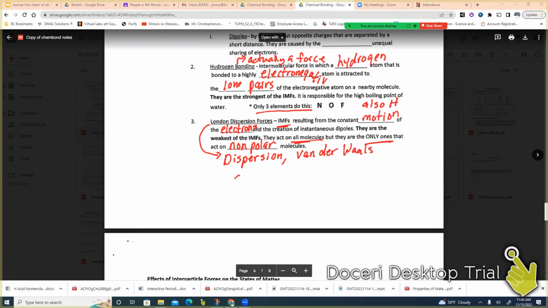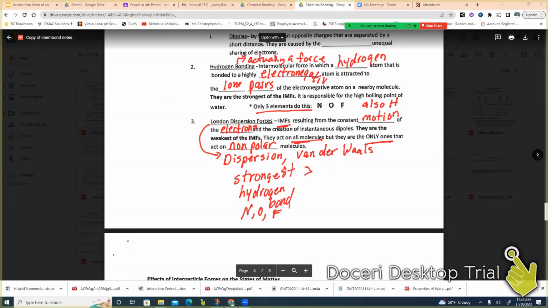So if we just kind of summarize those three, the strongest is going to be the hydrogen bond. And we said on that one, nitrogen, oxygen, fluorine. I remember it as no orange friends.